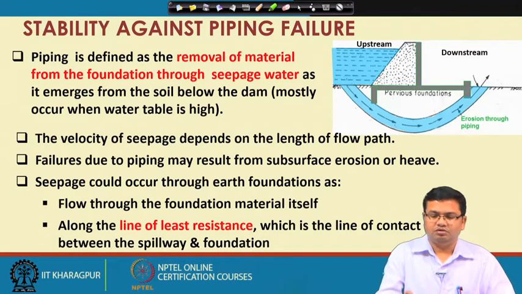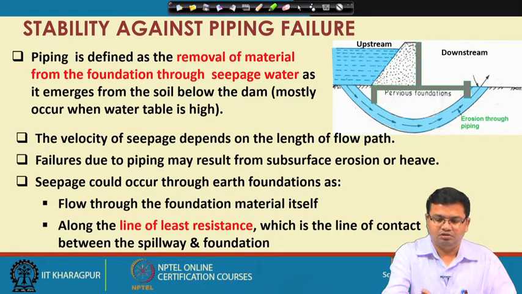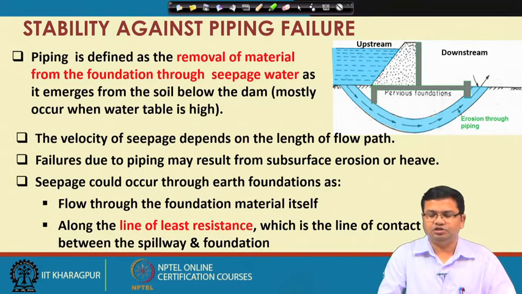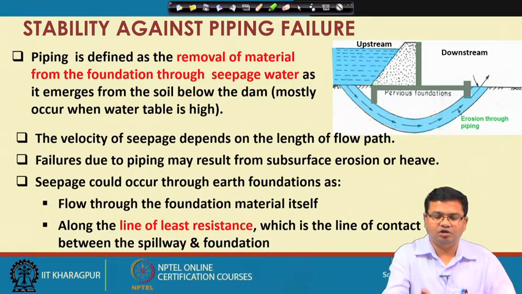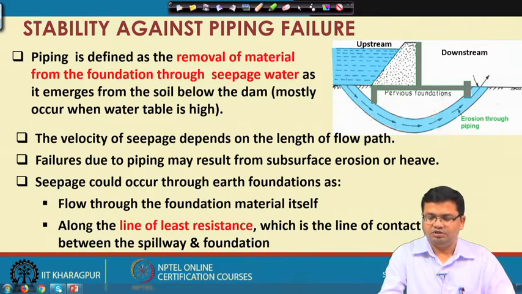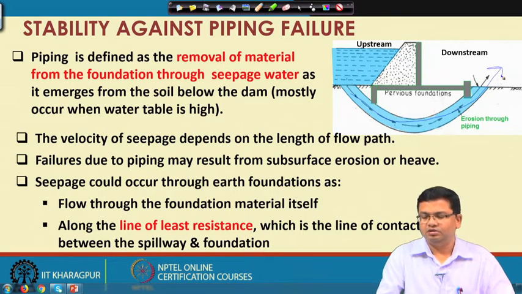So, it will create additional pressure, so that this water will move along with the soil particles and make a pipe-like structure, and if there is more loss of the soil materials along this pipeline, then the structure will fail.